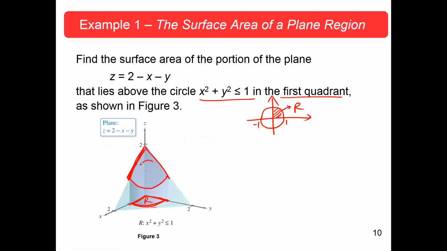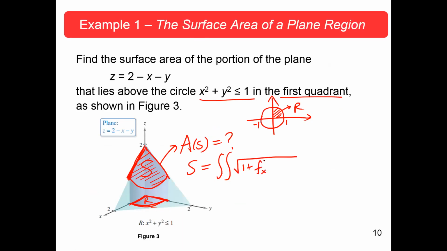So this is the surface S that lies above the region R. We're trying to find the area of surface S, which can be computed by the formula we just learned: the square root of 1 plus fx squared plus fy squared dA over the region R.